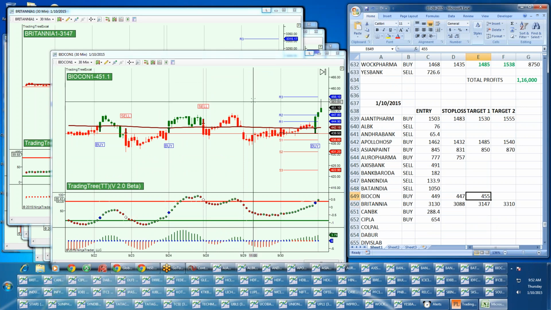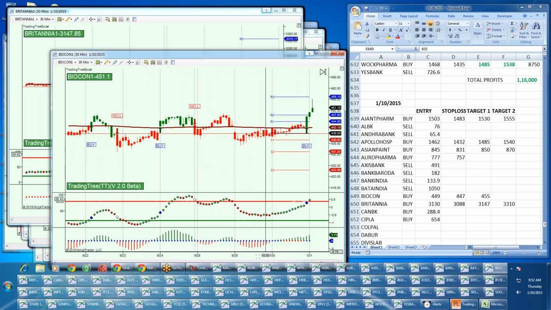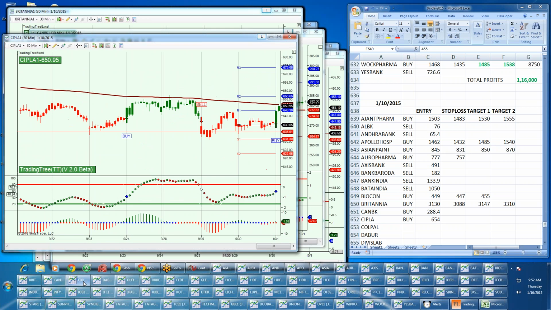You can just see. So CanBank has been flat. So Cipla, we are waiting for this level, 654.